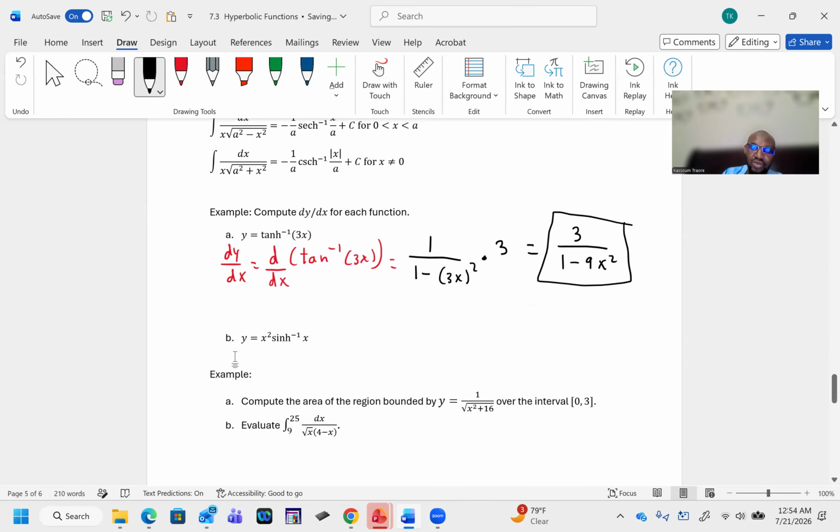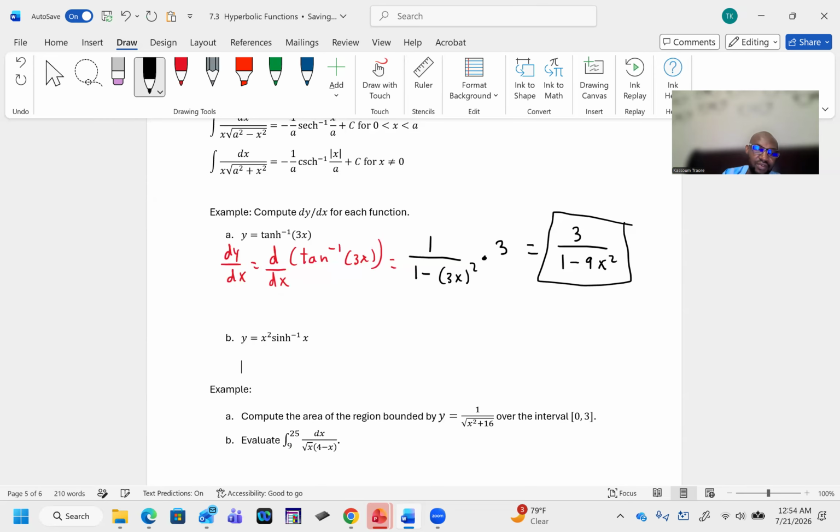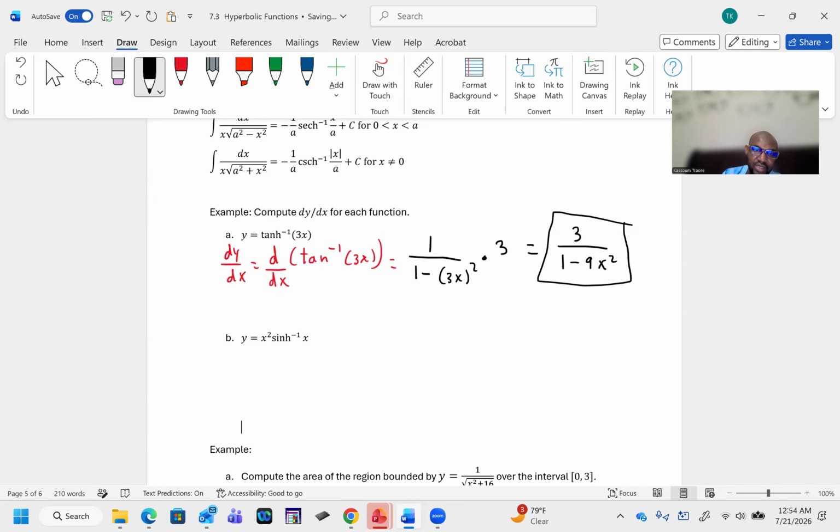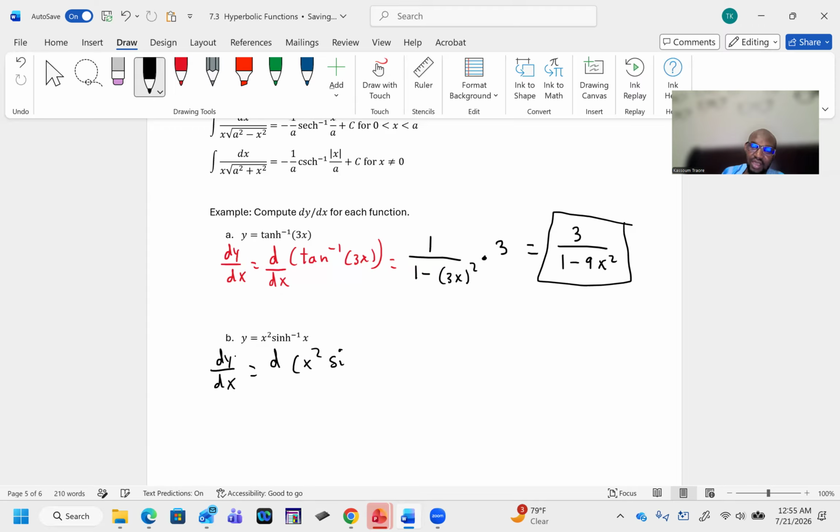For part b, to find the derivative, we have to use the product rule, right? So again, dy over dx is the derivative of x squared times inverse hyperbolic sine of x. In this case, we have the product of two functions, so we use the product rule, u times v.